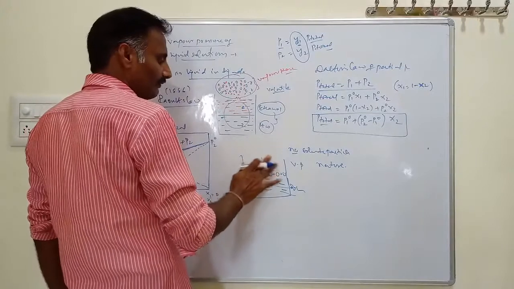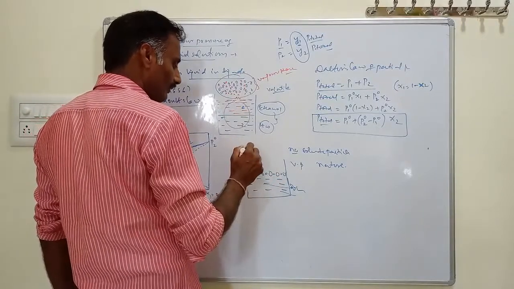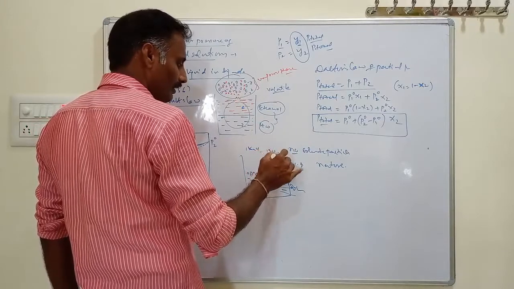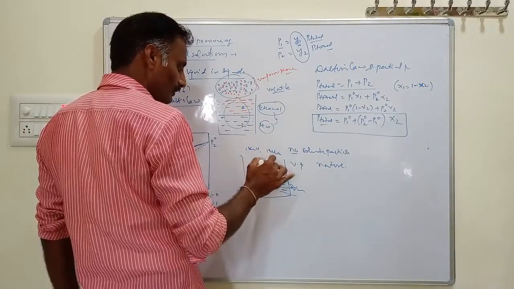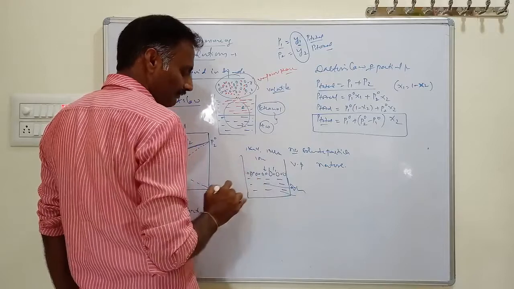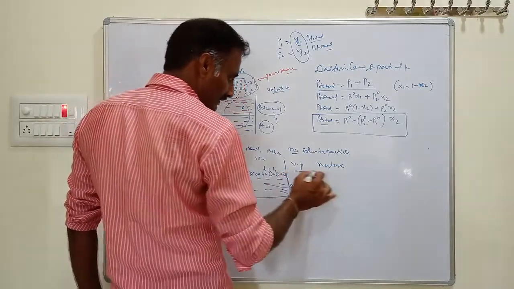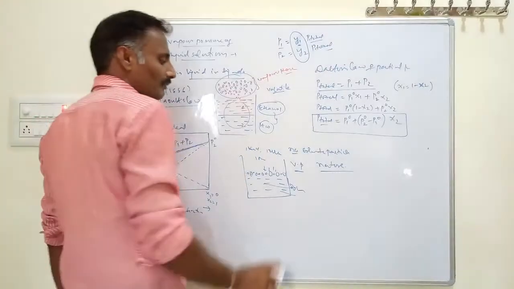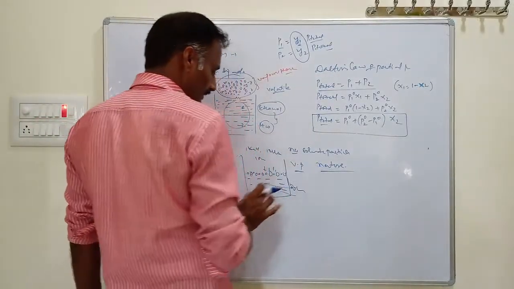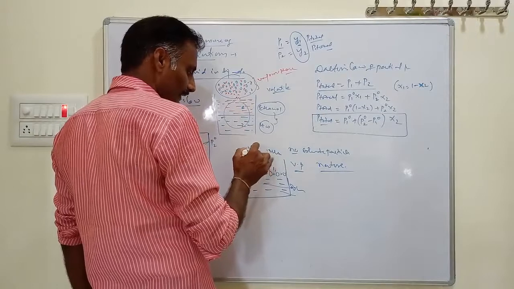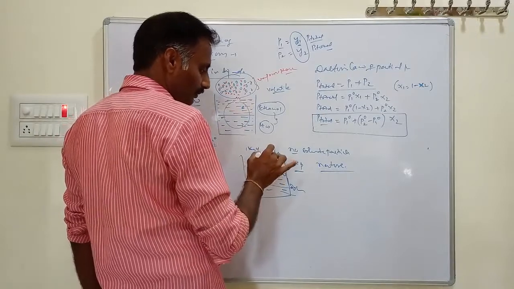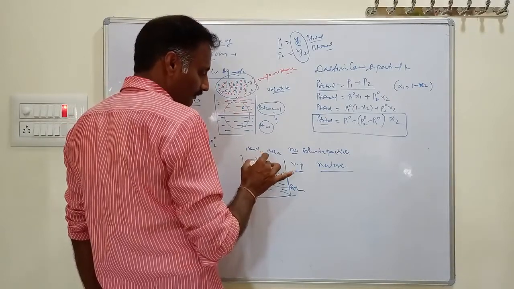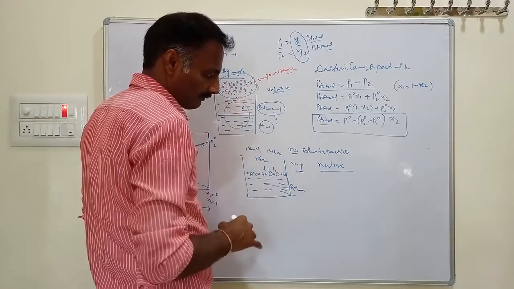That means if you are adding 1 mole of urea, or 1 mole of sucrose, to 1 kg of water, then the decrease in vapor pressure is the same at a given temperature.